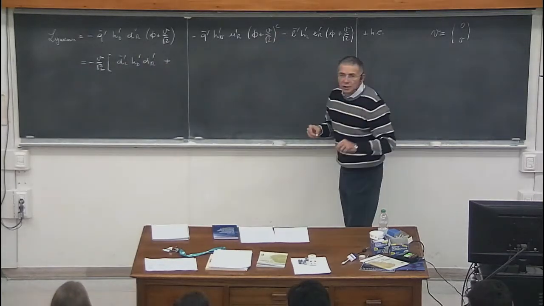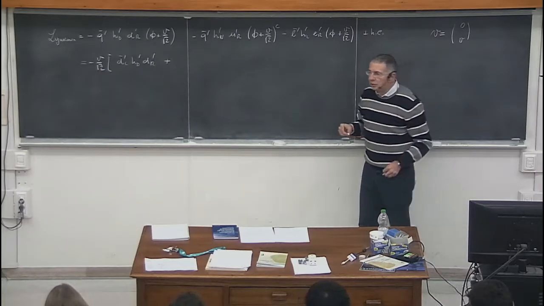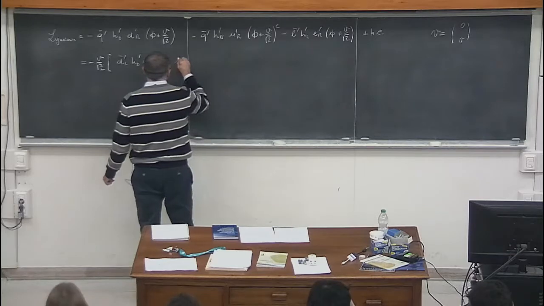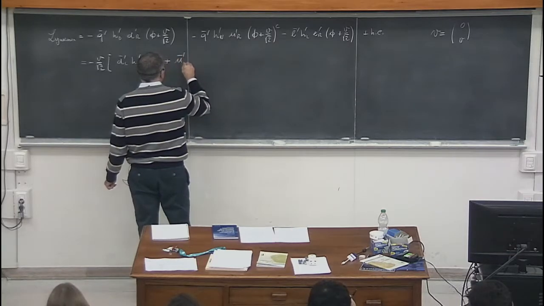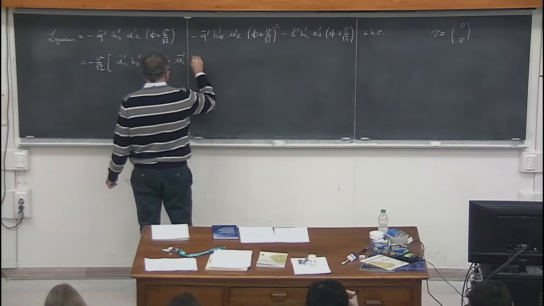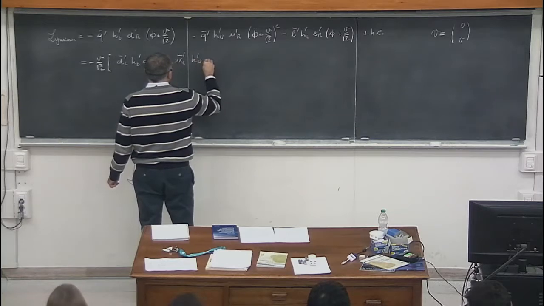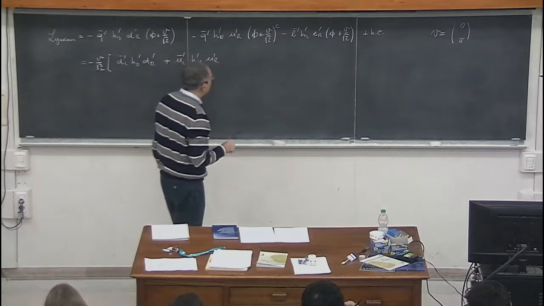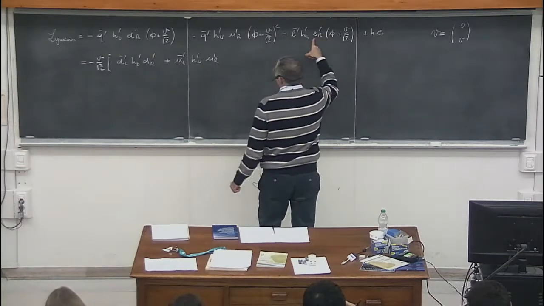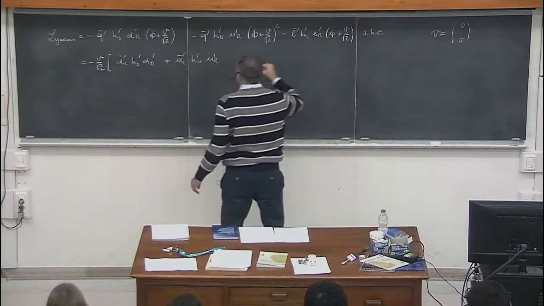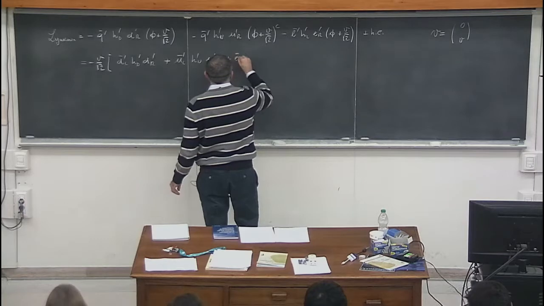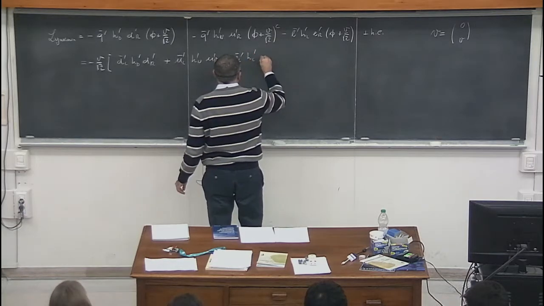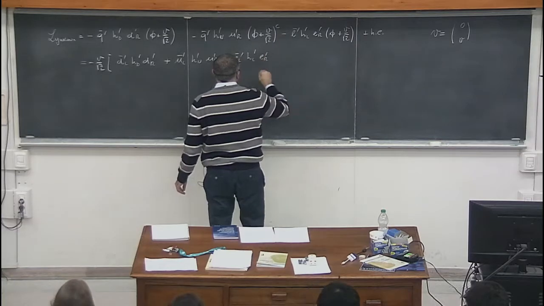The charge conjugation operator swaps the two components, so this is coupled to the first component of the doublet, u bar prime left, h prime, u bar right. And finally, this term is similar to this, so plus e bar left, h left, e bar right.